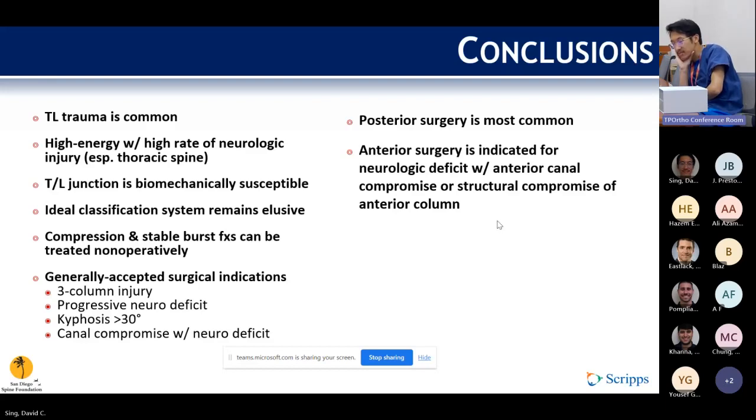Using a classification system might help talk about it over the phone, but it doesn't necessarily tell you exactly what to do. And then knowing when you can get away with non-operative management, and in terms of surgical indications, though there's no hard evidence, these principles help guide you.